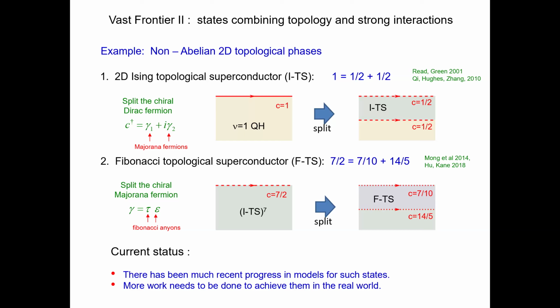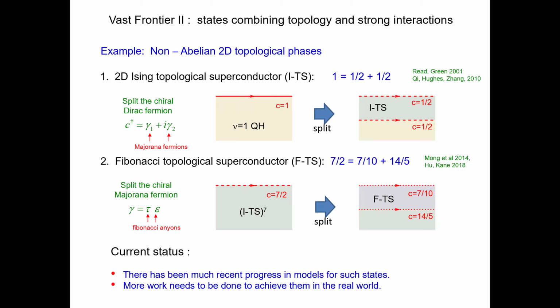It turns out that 7/2 is equal to 7/10 plus 14/5. And 7/10 is a number which is related to the tricritical Ising model, and 14/5 is related to another theory which is called G2 level 1.